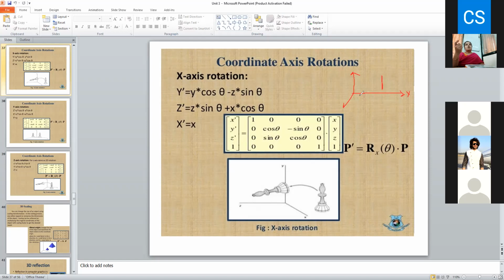Whether the distance of earth and sun is changing? No. The distance between earth and sun is the same. Similarly, here also, the line is revolving around x. So it may change the y and z values, but this point will have the same distance from x. It will remain constant throughout the rotation.